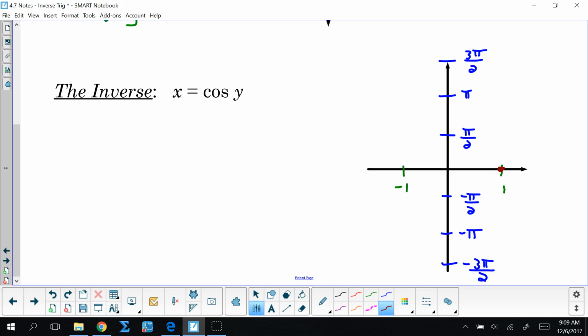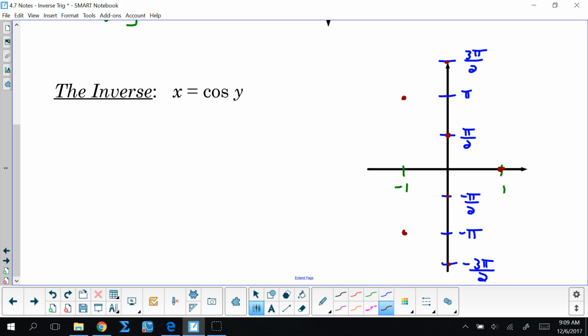So on the inverse, we would be at 0, comma, pi over 2. On the real curve, we're at pi, comma, negative 1. So we're at negative 1, comma, pi. At negative pi, we're also at negative 1 on the real one. So at negative 1, we're at negative pi. And so on and so forth.